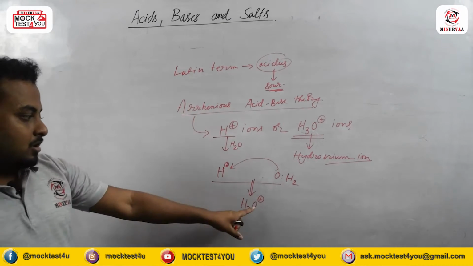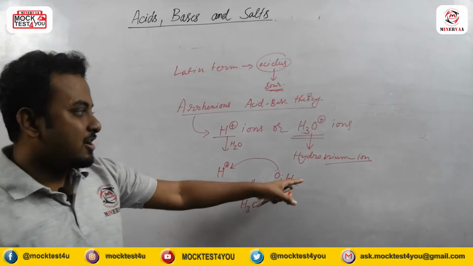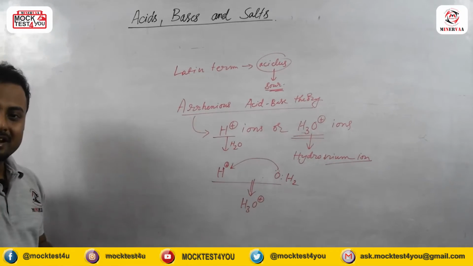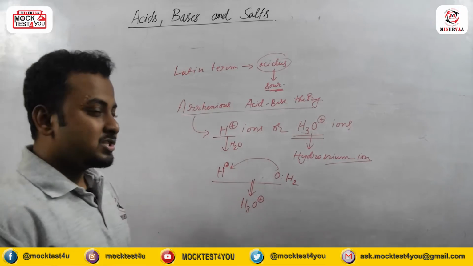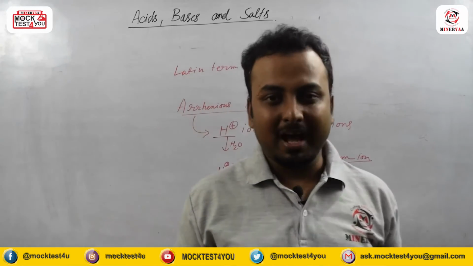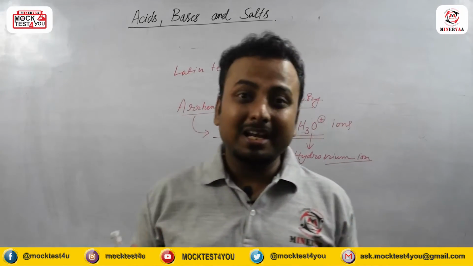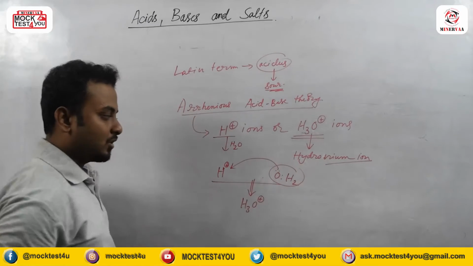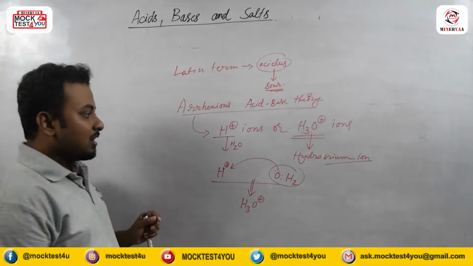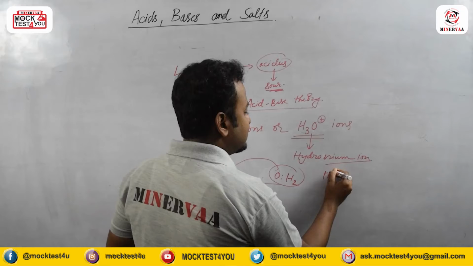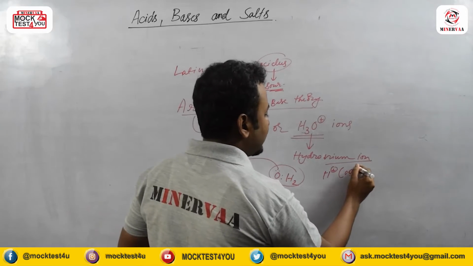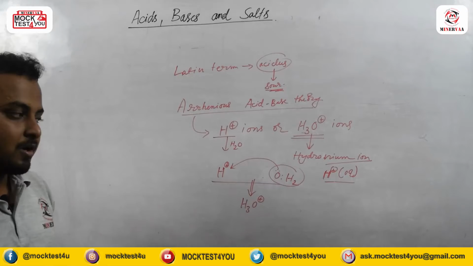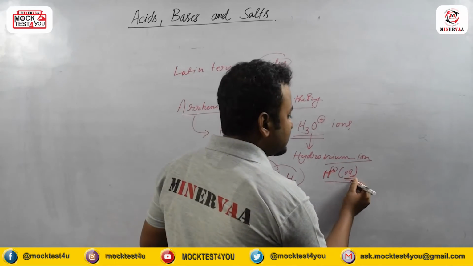So H3O plus is known as the hydronium ion, and according to this theory, an acid is something which releases hydronium ion. To release hydronium ion, we need a water medium. So H plus needs to be released in aqueous medium. We can also write it like this, H plus aqueous. What does aqueous mean?